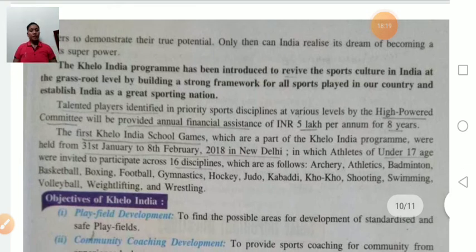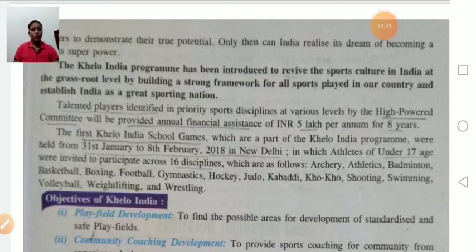In the Khelo India program, the high power committee chooses the talented players, means talented players are identified in priority sports disciplines at various levels by the high power committee. They will be provided annual financial assistance of rupees 5 lakh per annum for 8 years.